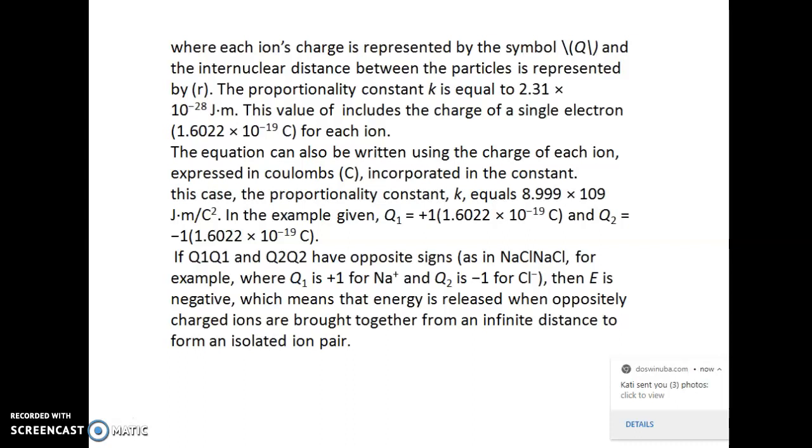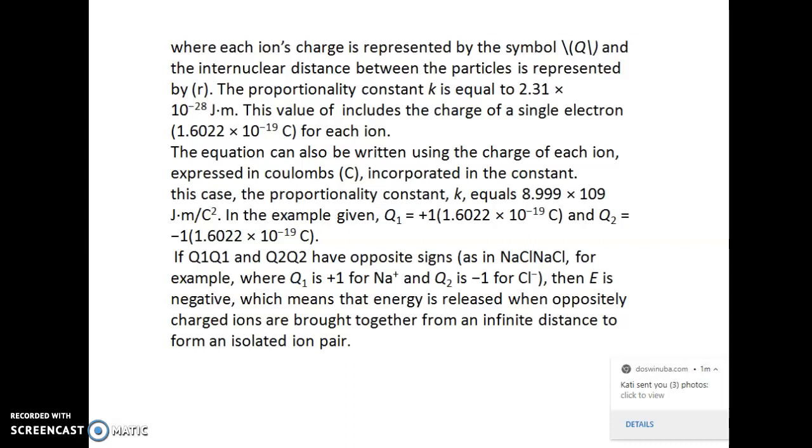The proportionality constant k is equal to 2.31 × 10^-28 joules per meter. So this value includes the charge of a single electron, that is 1.6022 × 10^-19 coulomb for each ion. The equation can also be written using the charge of each ion expressed in coulombs, incorporated in the constant.